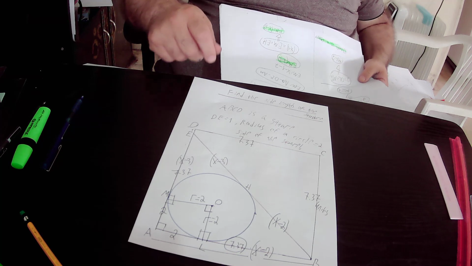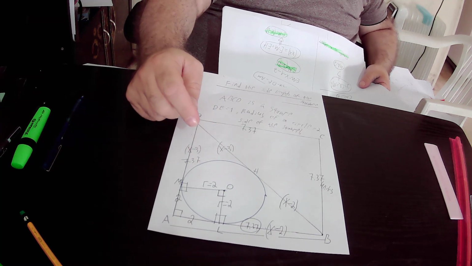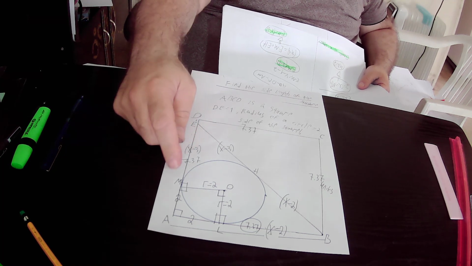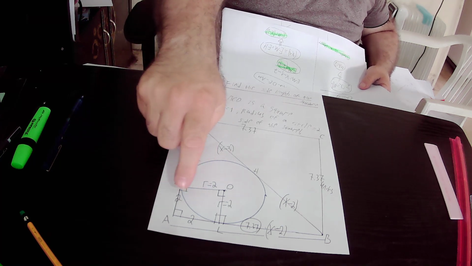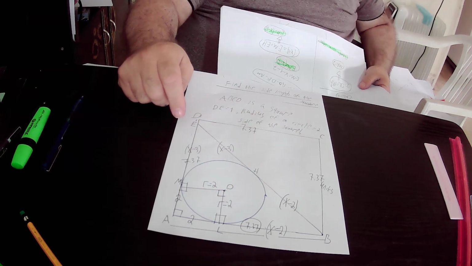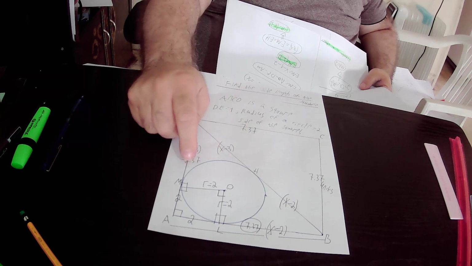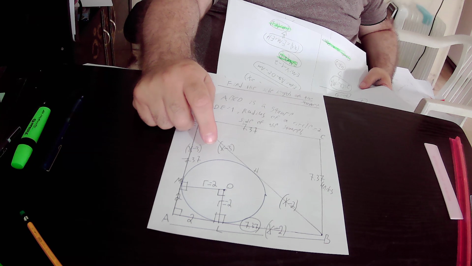Here we defined the center of this circle as point O. And we define the point of tangency of tangent AD with this circle as M, and the point of tangency of tangent AB with this circle as L. Then we join points O and M together by a straight line. What is the definition of OM?